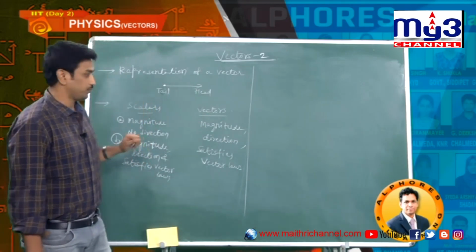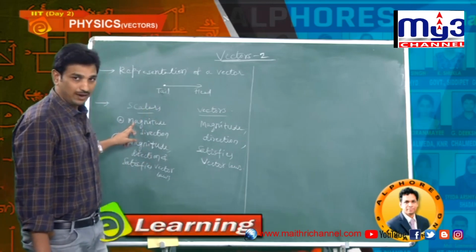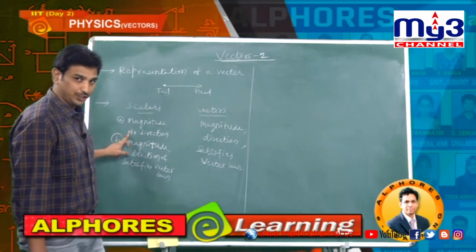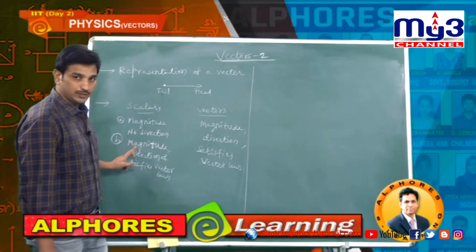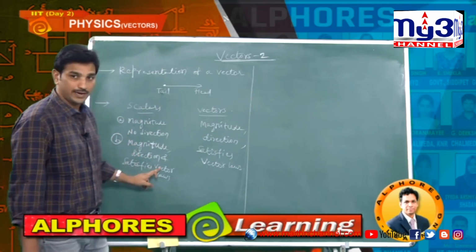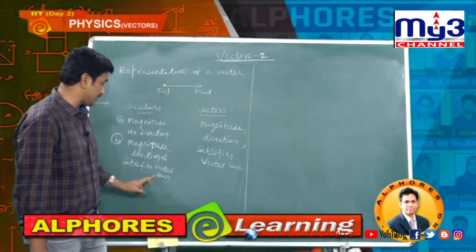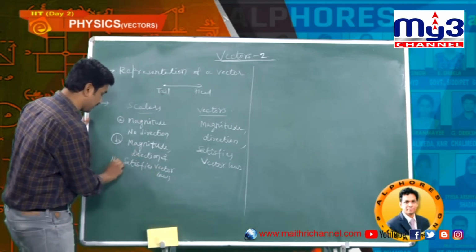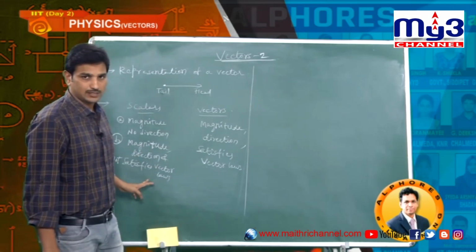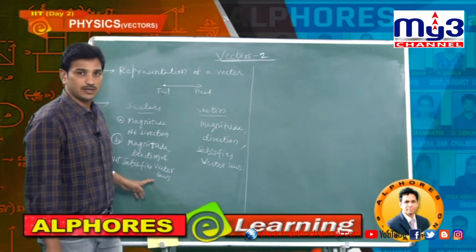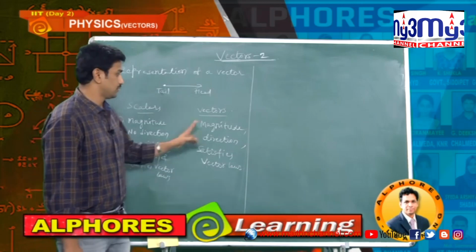First one has magnitude, no direction. Second category has magnitude and direction but does not satisfy vector laws. Next class we will discuss what the vector laws are.